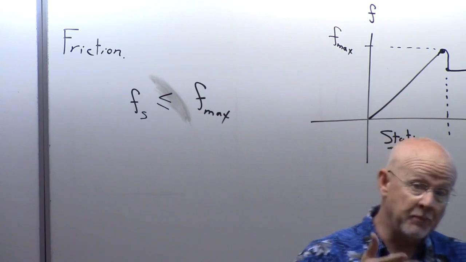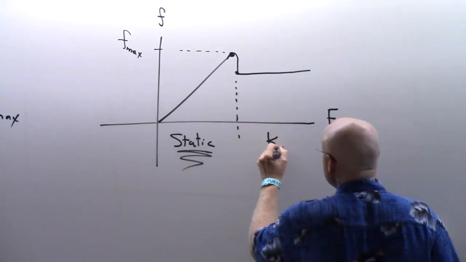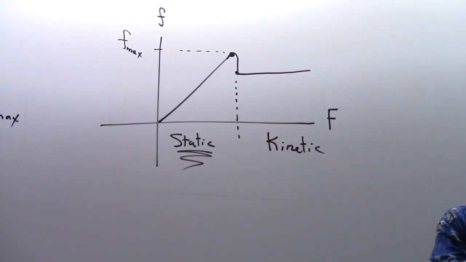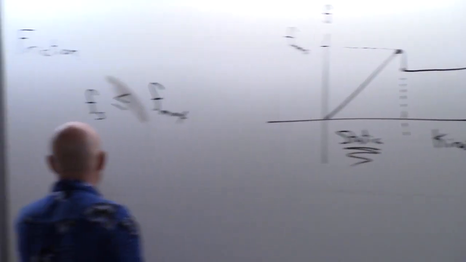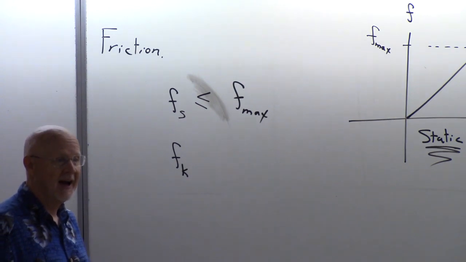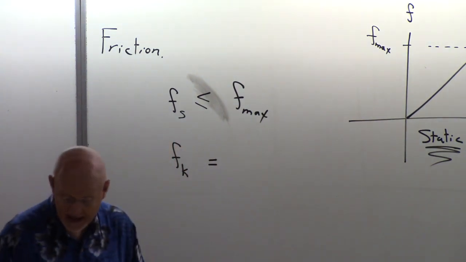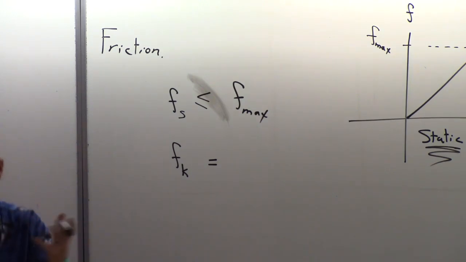But then once it breaks free, we refer to this then as the kinetic region. There is sliding going on. So let's call this the kinetic friction. And here's the interesting part of kinetic friction. It's just an equality.